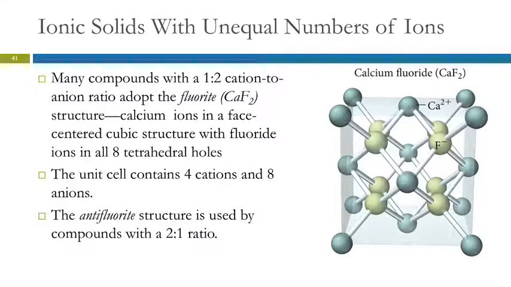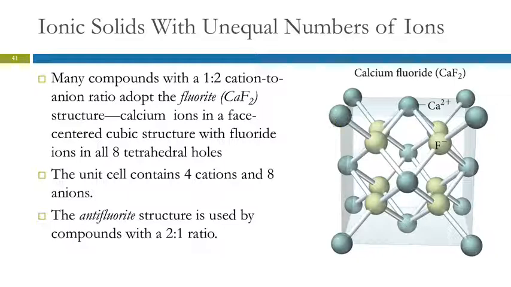If you have unequal numbers of ions, like a 1-to-2 ratio of cations to anions, then you can have something like this. This is called a fluorite structure. It's named after a mineral that does this structure, calcium fluoride. So in calcium fluoride, we have 2 fluoride ions for every calcium ion.